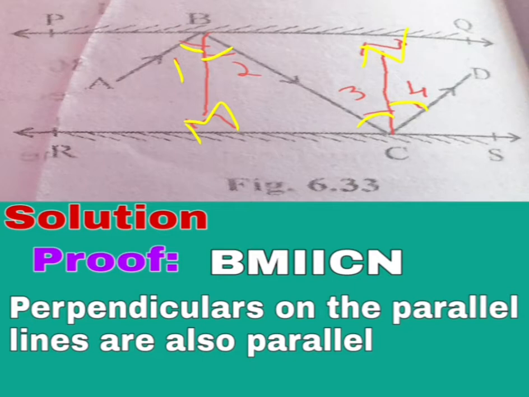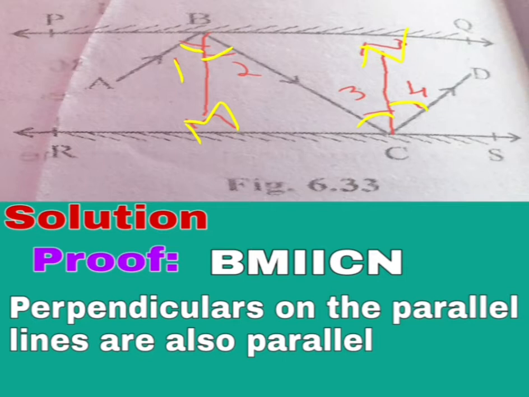In the proof part, we write that BM and CN are parallel to each other because PQ and RS are parallel according to the given question. Whenever you draw perpendiculars between parallel lines, those perpendiculars will also be parallel to each other.